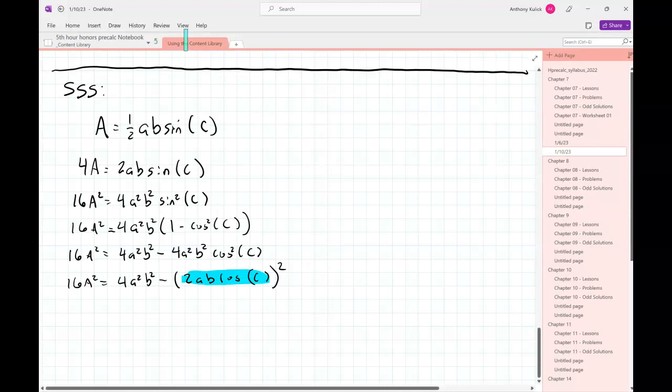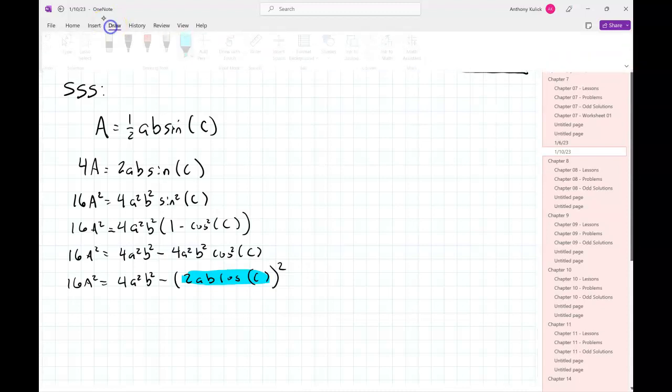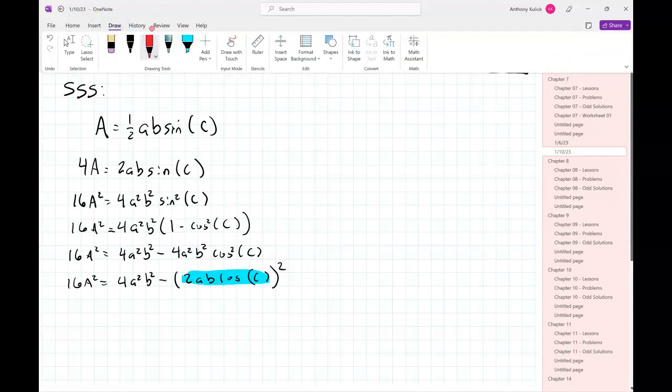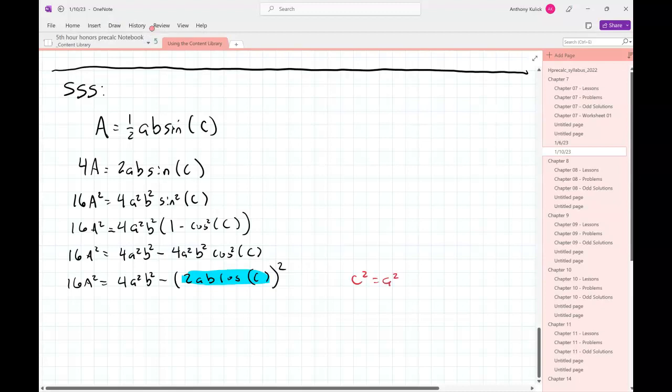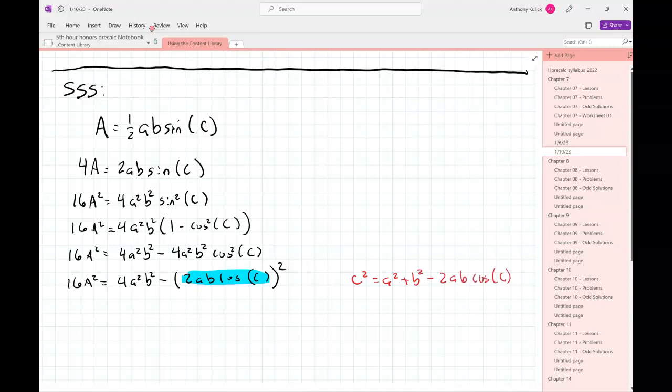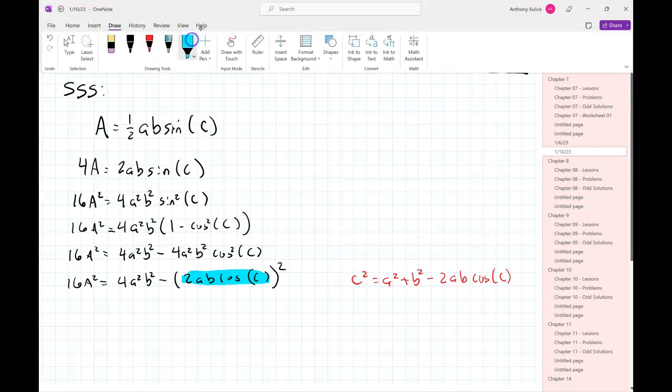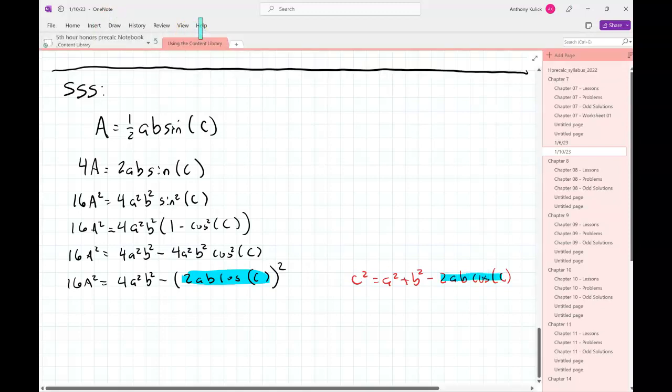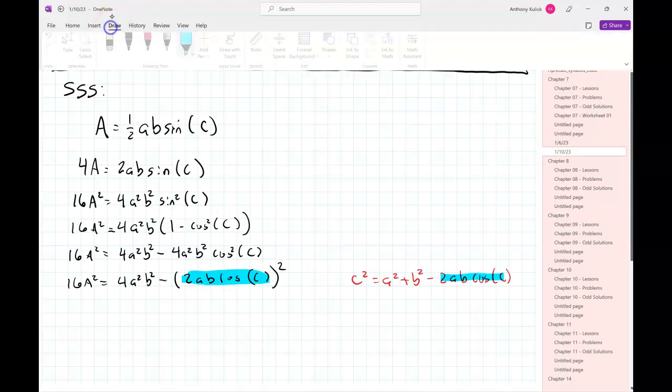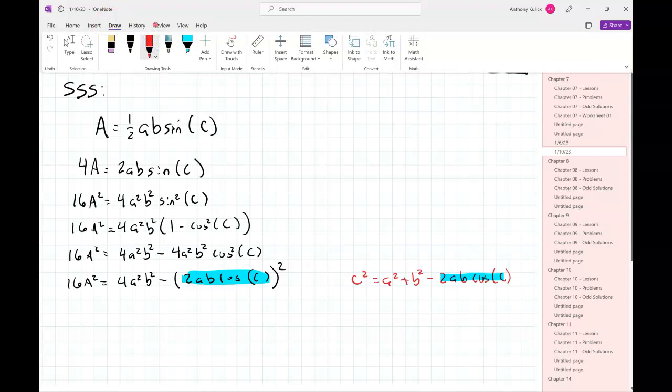Did you guys recognize that from somewhere? That's part of the law of cosines, right? So all I'm going to do is rearrange to get that piece by itself.